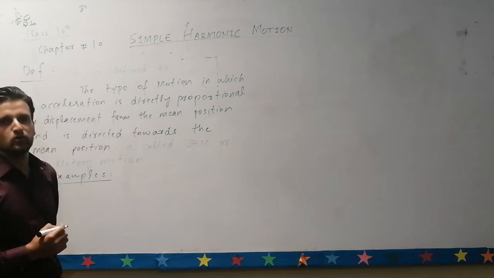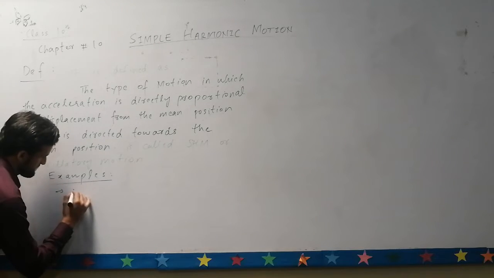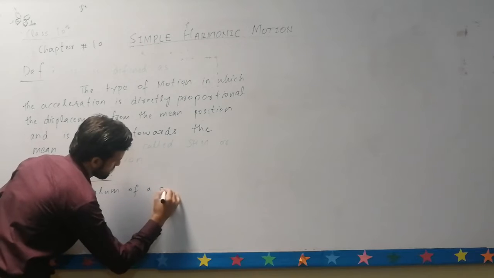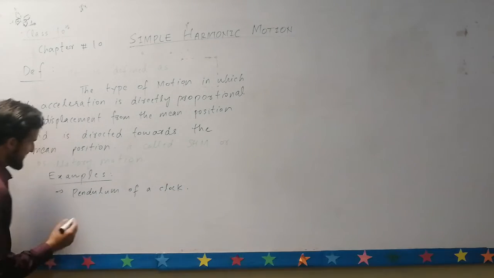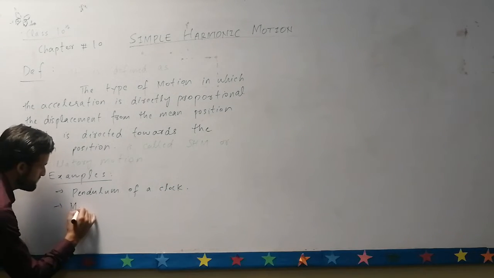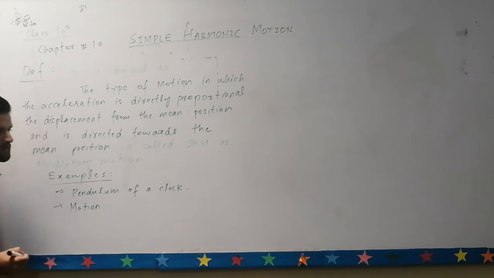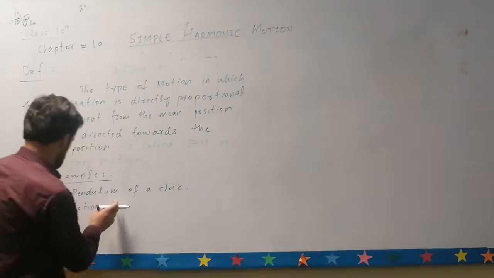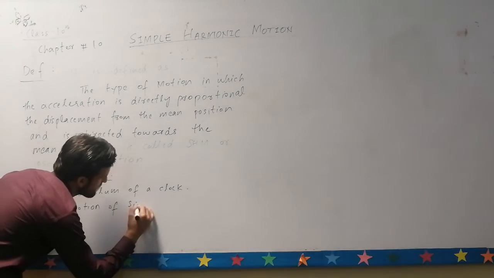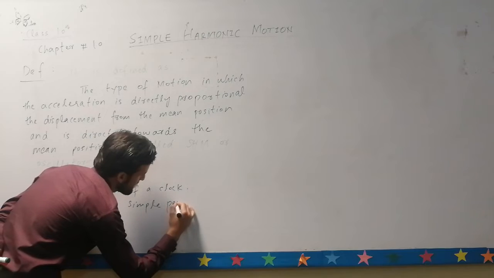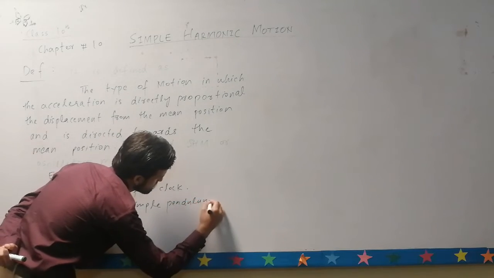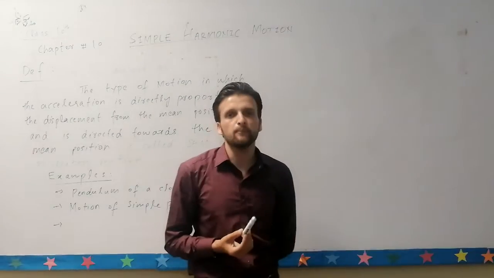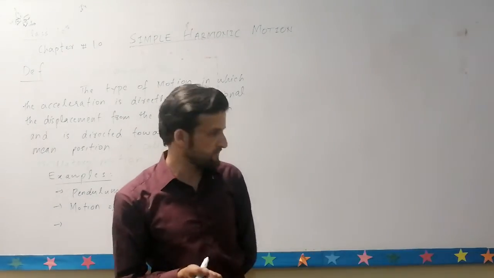Firstly, the pendulum of a clock. Secondly, the motion of a simple pendulum, which we use in our labs for the calculation of acceleration due to gravity. Thirdly, the ball and bowl system.